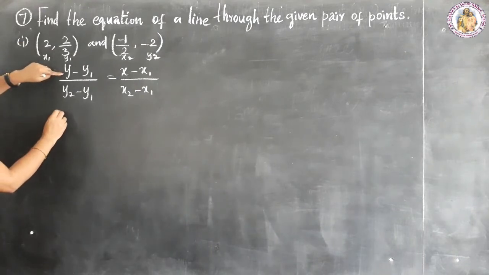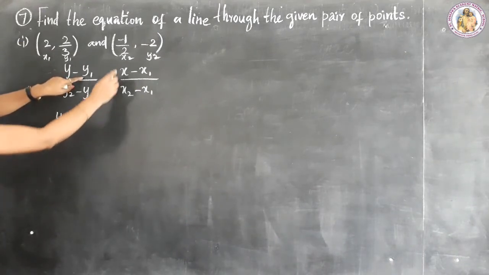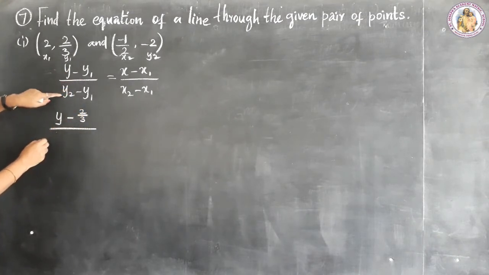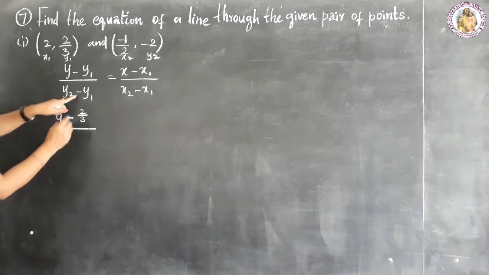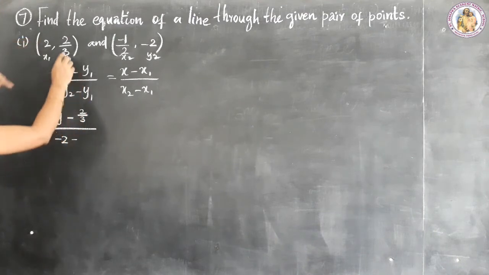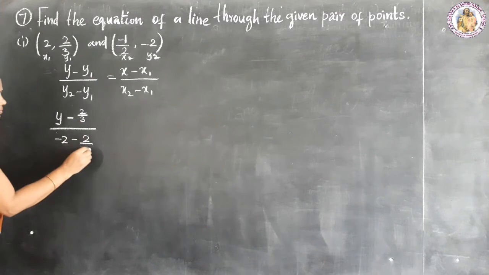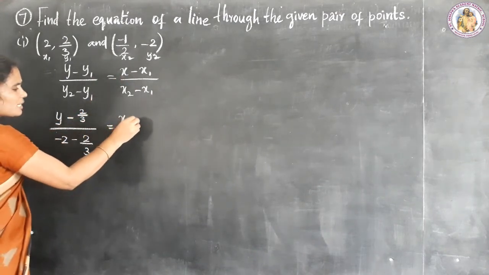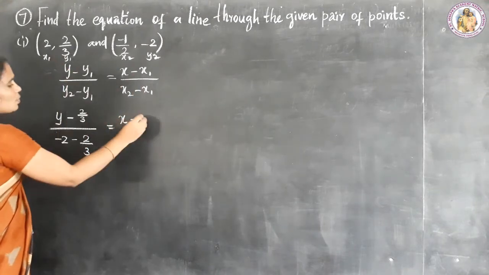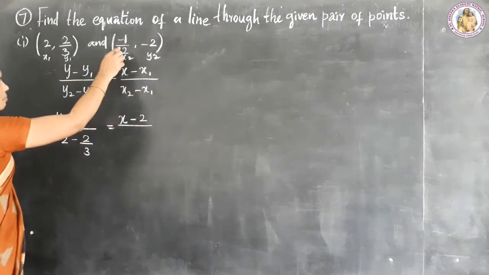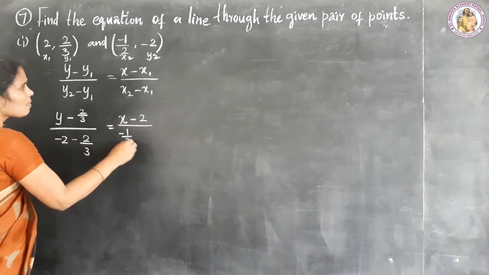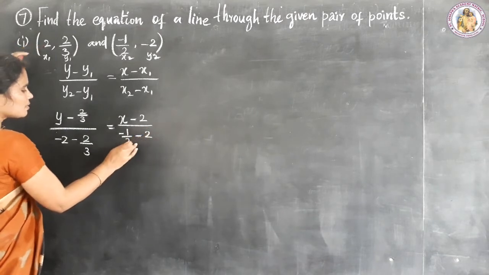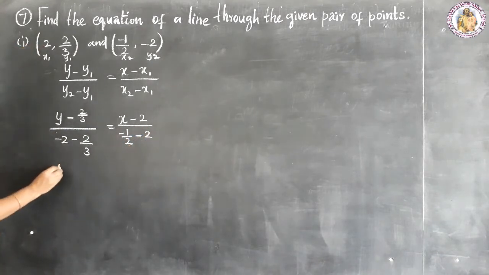We don't know what y is, so y minus y1, y1 is 2 by 3, divided by y2 minus y1, y1 is 2 by 3, is equal to x minus x1. We don't know what x is, so x minus x1, divided by x2 minus 1 by 2, and then minus x1, x1 is 2.